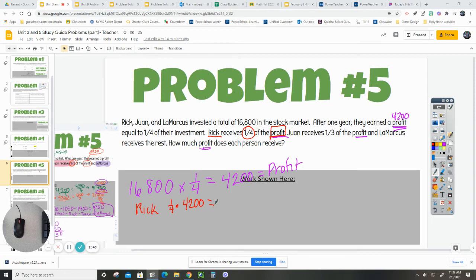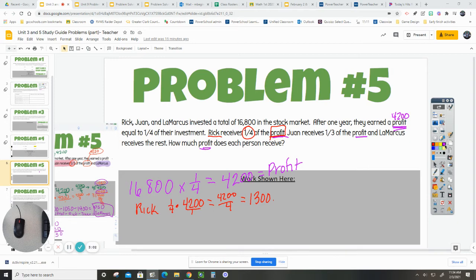So far, so good, right? Okay, so I'm going to do my multiplication, which is division, sort of. 4,200 over 4. When I divide, I'm doing it in my head, I get $1,300. So Rick, of that profit, is taking $1,300.